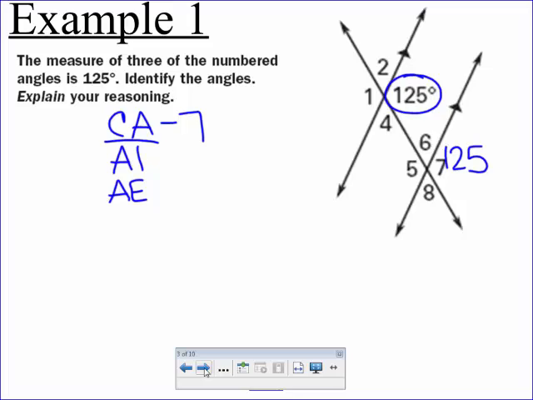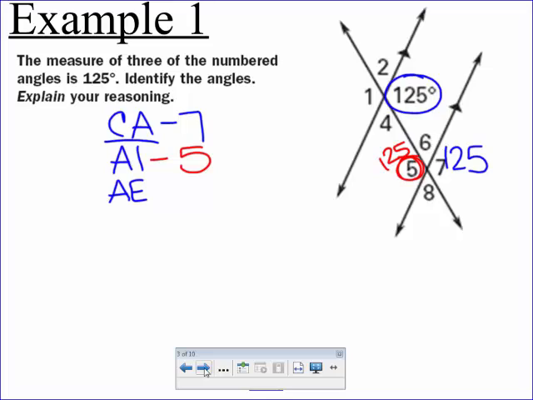Let's figure out the alternate interior one. In between the two parallel lines will be either 4, 5, or 6, and remember, it has to go on the opposite side of the transversal. So angle 5 will also be 125 because they're alternate interior.